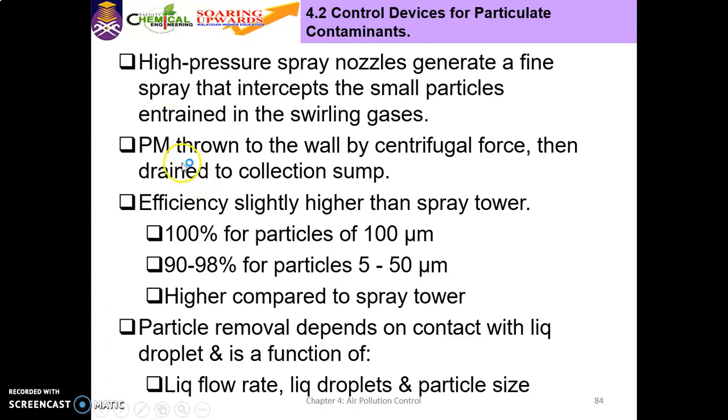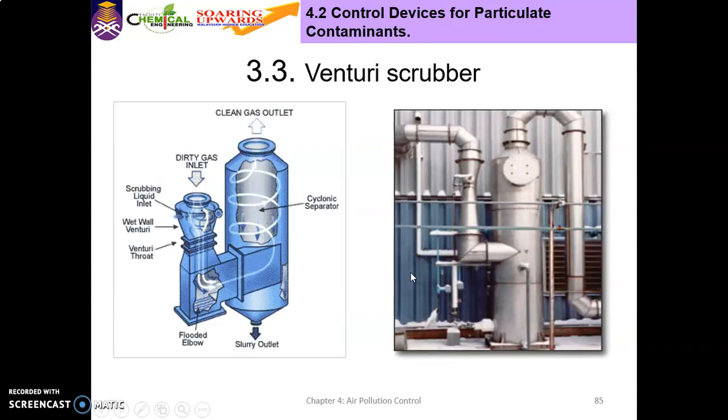Particulate matter will be thrown to the wall by centrifugal force in the cyclone, and then drain to the collection sump. The particle removal depends on contact with droplets, and it is a function of liquid flow rate, liquid droplet, and also particle size.